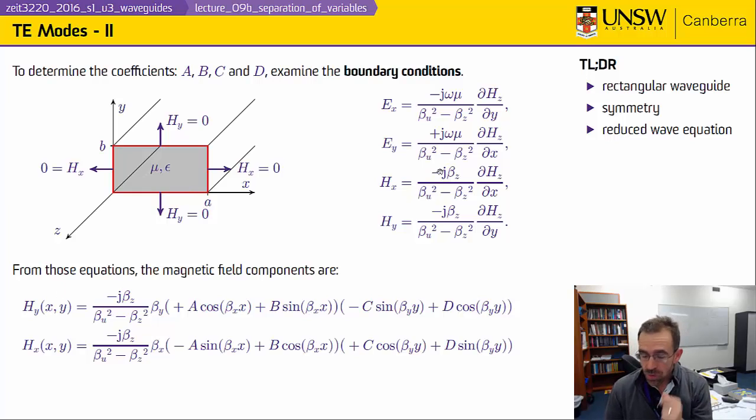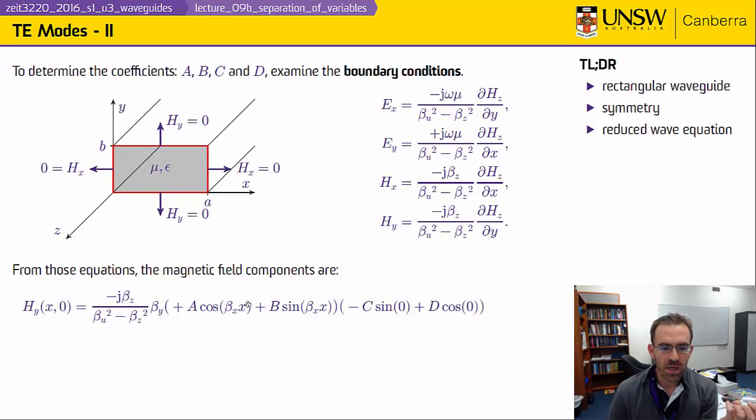So just applying these equations to our assumed solution for the z component of the magnetic field gives us these expressions here. To get the y component of the magnetic field, we take the derivative of h sub z with respect to y. And so that means that what was cosine sine becomes minus sine and cosine. And to get h sub x, we take the derivative with respect to x. So what was cosine and sine becomes minus sine and cosine. All right, so these are our expressions.